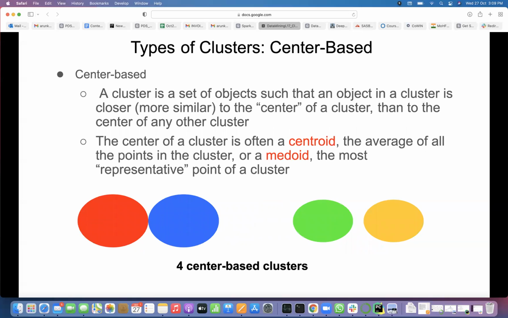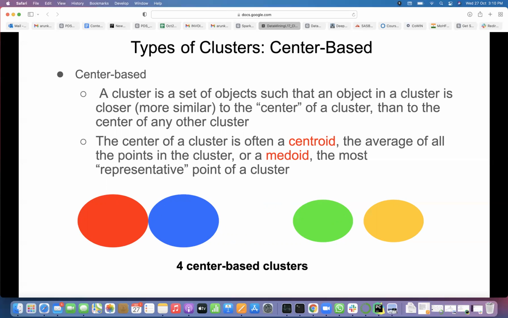Usually with the centroid, you may select some initial points, but when you take the average, that point may not exist in your data set, because you are averaging. Medoid is always one point which is closest to that centroid. That is called medoid. Medoid is the point of the data set which is closest to the centroid.